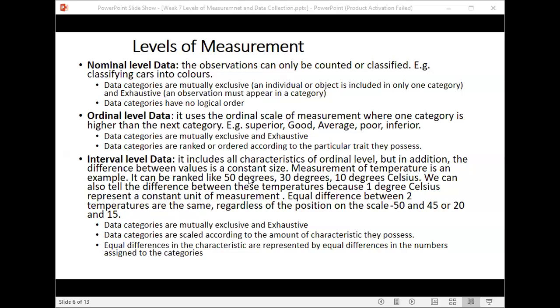Okay, so that is what makes this interval level data superior to the second and then the first, because it qualifies for the first and the second. It has all the characteristics they have. The only addition now is that we're able to tell the difference in any interval and understand any interval, right? Because every number in between the interval assumes a constant unit of measurement.